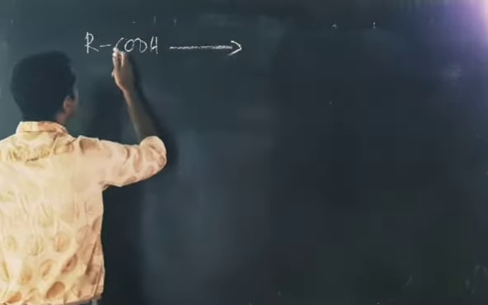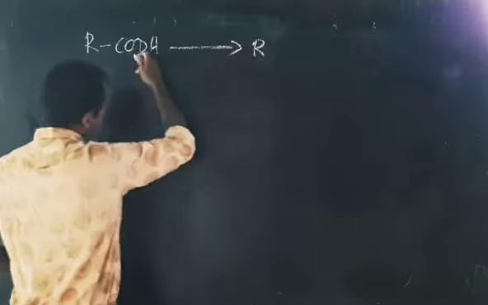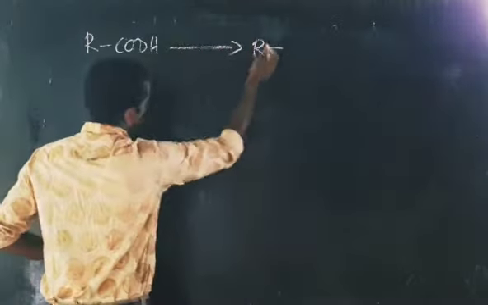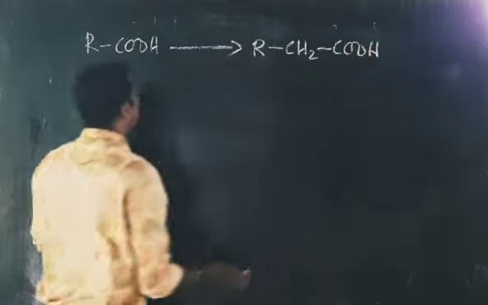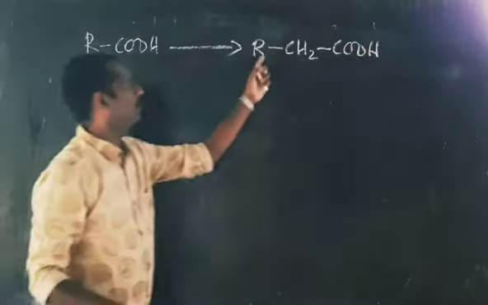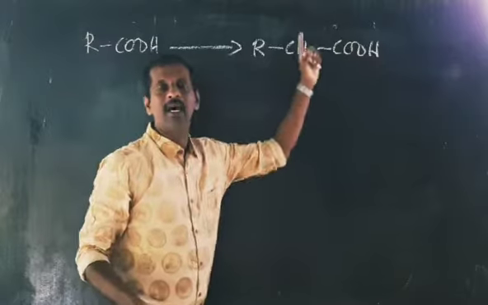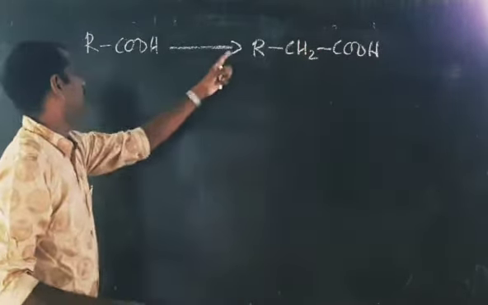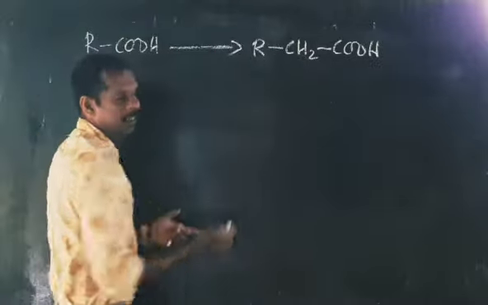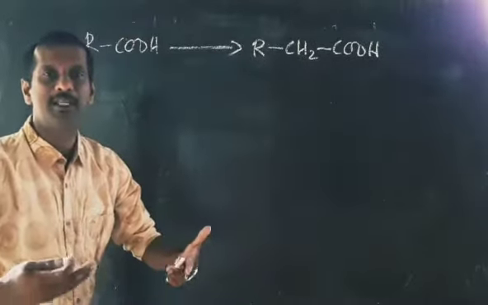RCOOH is converted to RCH2COOH, another carboxylic acid with an additional carbon atom. During this conversion, the Wolff rearrangement is happening.